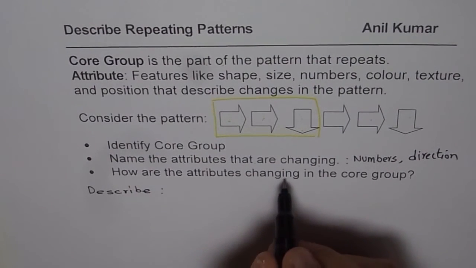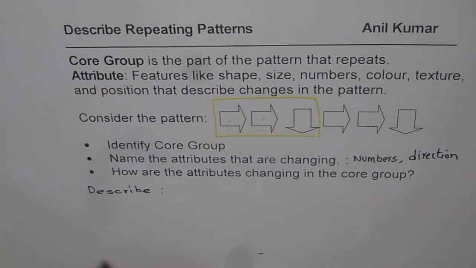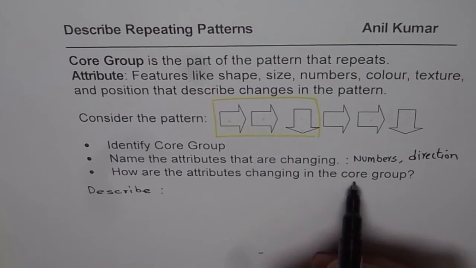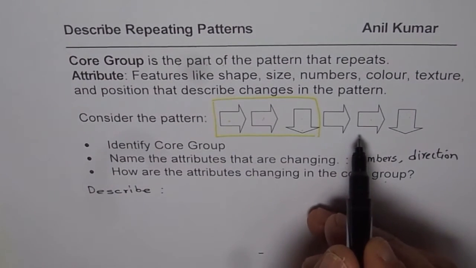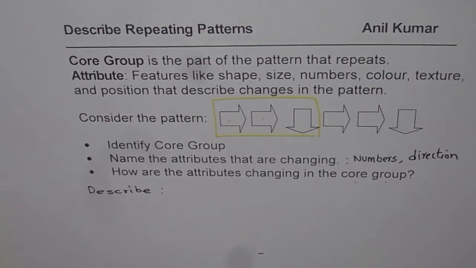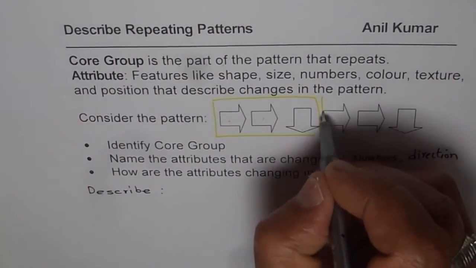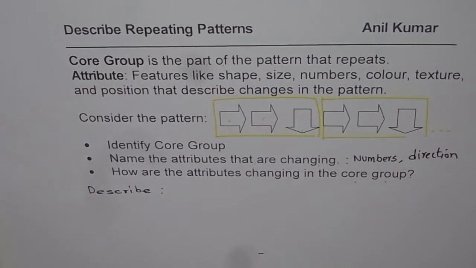Now how are these changing? We have to incorporate that and then write the description. And if we do that in the core group, we can say it for the whole pattern, because that is what is repeated, right? So this group repeats. So if you describe the core group, you describe the whole pattern. So it repeats, right? So let me draw three dots here. Now let's describe it.